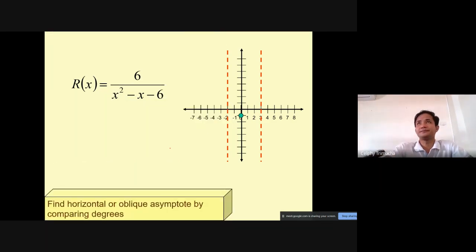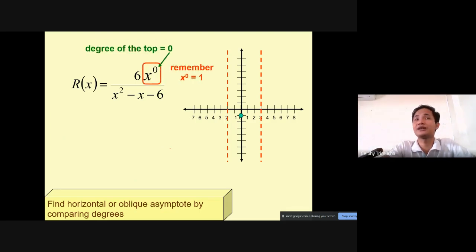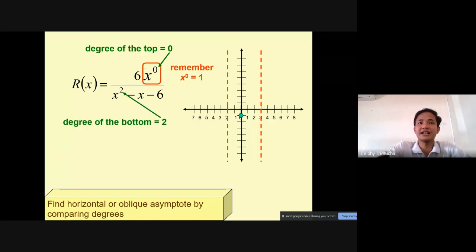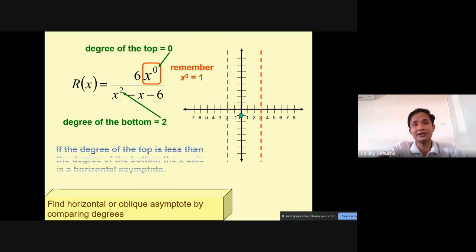Next one, we look at the horizontal or oblique asymptote by comparing our degrees, like what we did last time. The degree of our numerator is equal to 0, since it is just a constant, we have x raised to 0. For the degree of our denominator, we have 2.